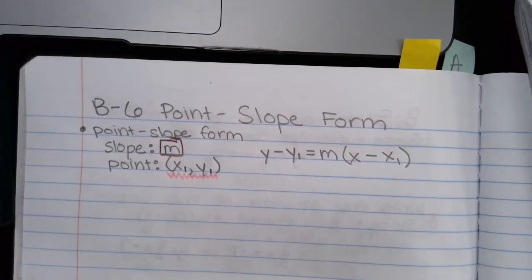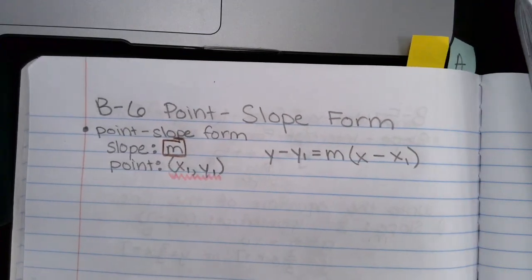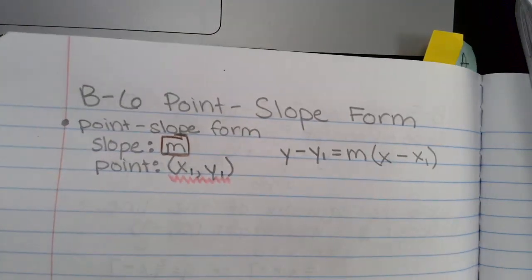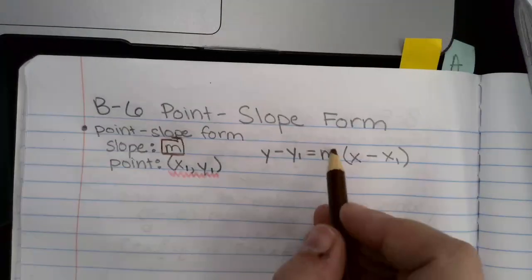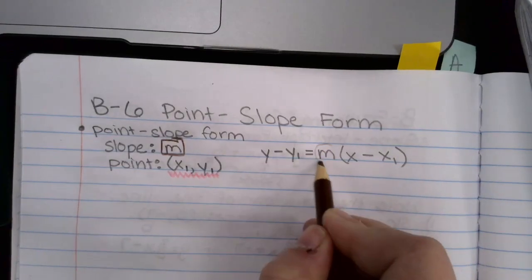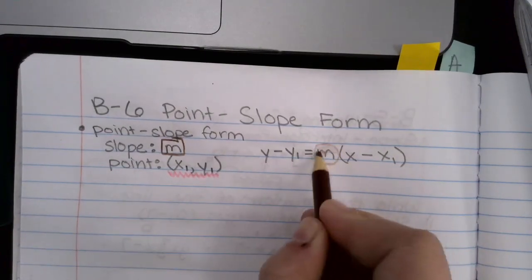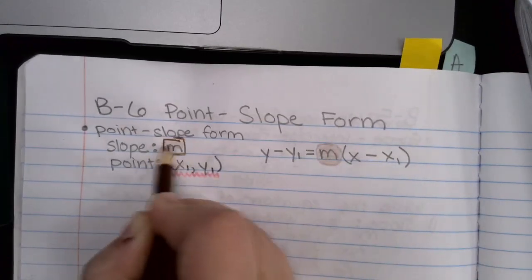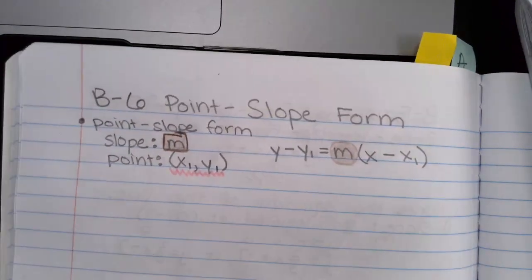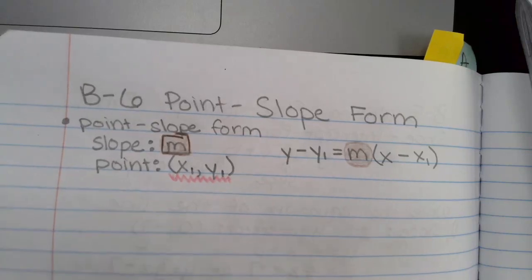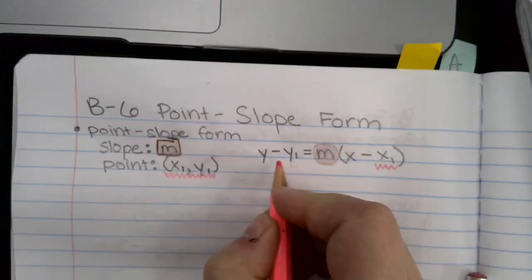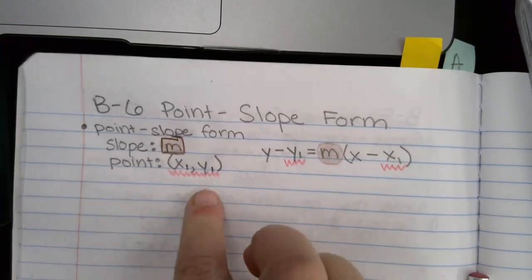If you have anything from your notes today, for sure have this. Okay, what the heck is that? It's called manipulation. Here we have our m, our slope. And then our x1 and our y1, it's actually these second parts here. This x1 and this y1 are what make that point.